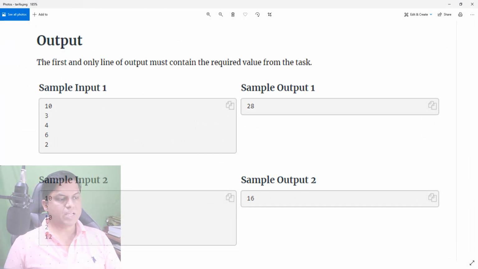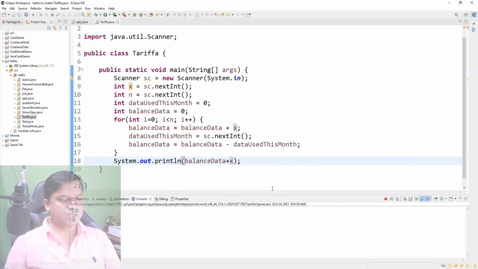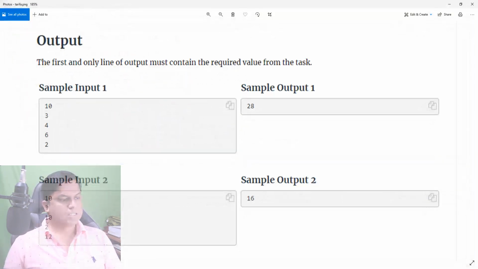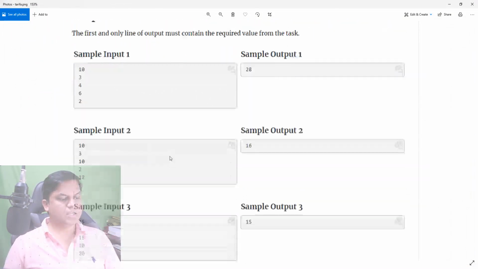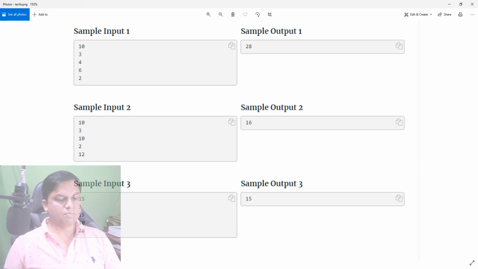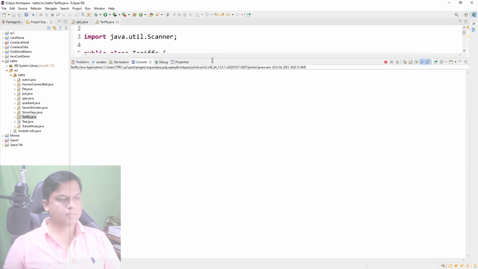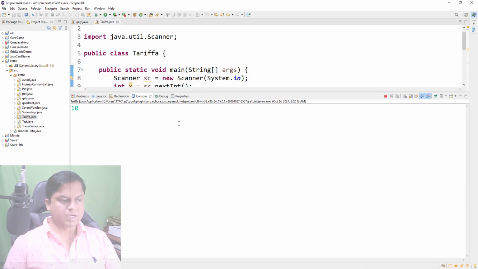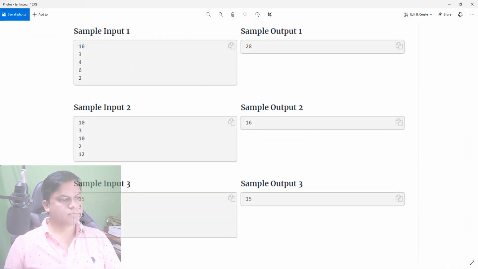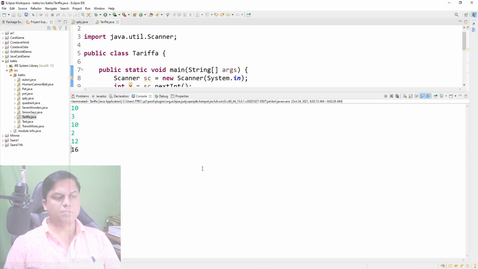So our input is 10 3 4 6 2, and the output should be 28. Yes, we are getting our output. The next one, 10 3 10 2 12.